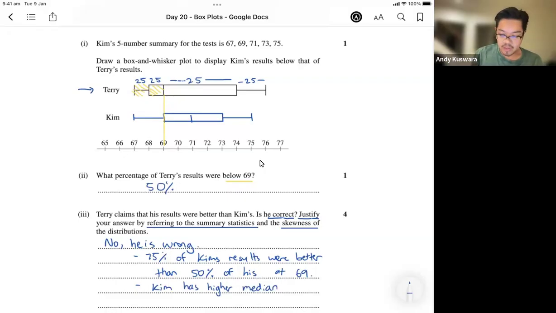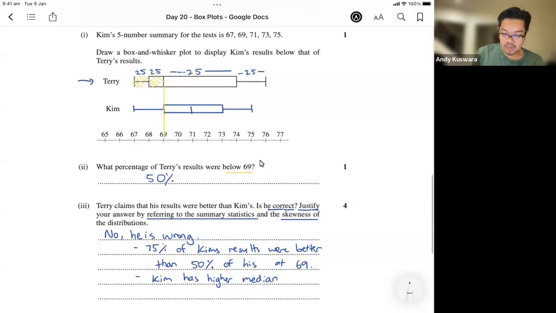Another thing is we haven't talked about the skewness. If we talk about the skewness, it's talking about whether it's positively or negatively skewed. What I would say for this one is Kim's looks normally distributed.